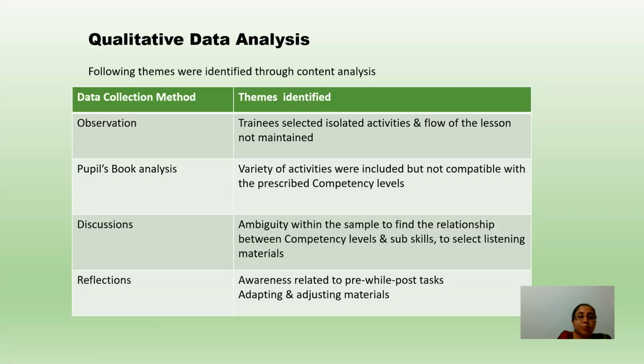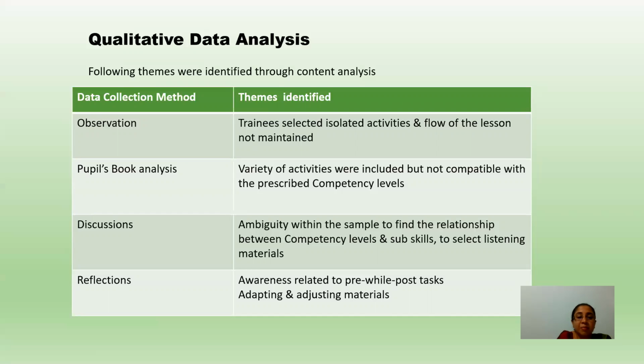In the pupils' book, there was a positive trend, because there were a variety of listening activities such as listening comprehension, gap filling, listen and label, listen and underline. But the problem was those activities were not compatible with the 3 competency levels prescribed in the grade 7 pupils' text.